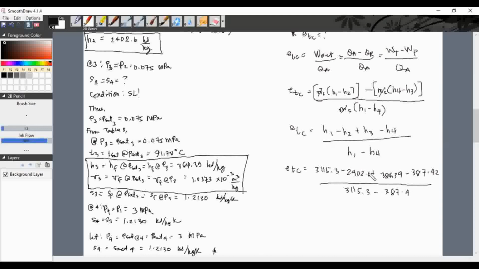So, makancel na yung unit sa taas at sa baba. Parehas lang naman. So, finally, you have cycle thermal efficiency of 0.2601544056, or 26.01544056%. So, ito po ang sagot.